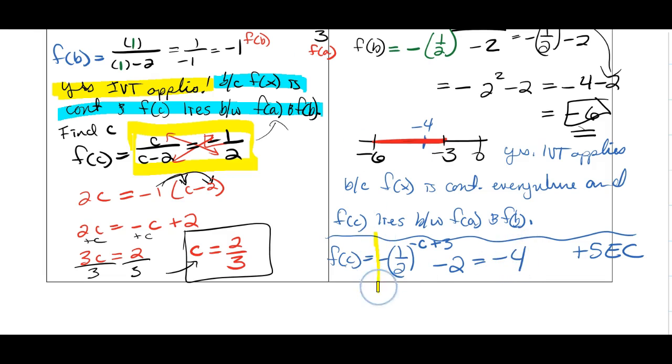So you're going to solve this equation using your laws of logs for an additional 5% extra credit if you'd like it. And that's the end of our lesson on the intermediate value theorem.